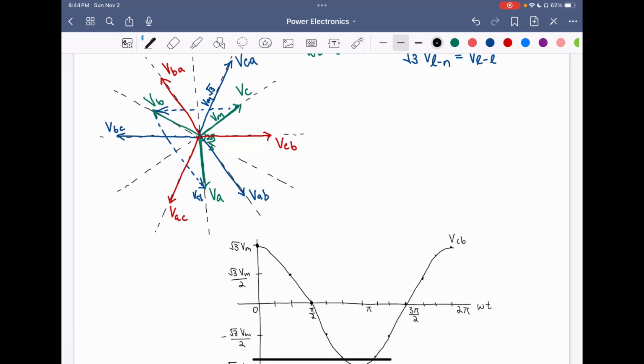Next, we will draw VAB. So VAB is delayed by pi over 3. So at omega t equals pi over 3, it's going to reach its peak value.